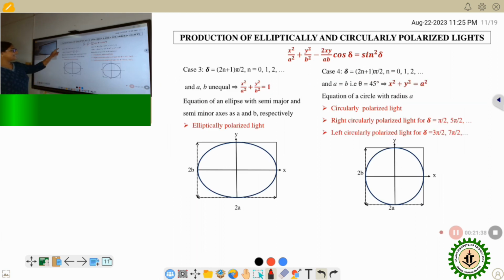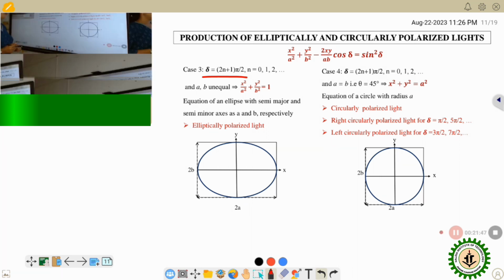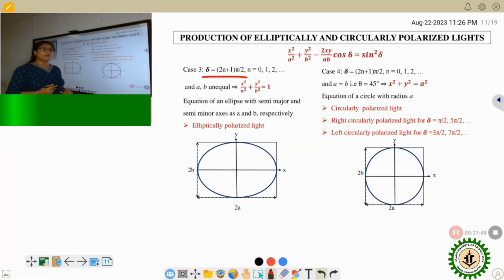Moving on to case 3, where delta is given by 2n plus 1 into pi by 2, n being 0, 1, 2, that is odd multiple of pi by 2. What happens then? If this is odd multiple of pi by 2, cos delta will be 0 and sin delta will be plus 1 or minus 1, so sin square delta will be 1.